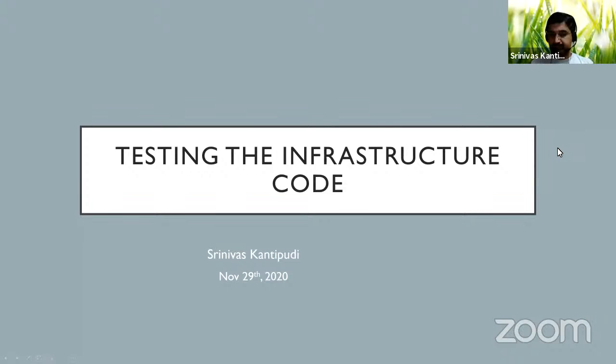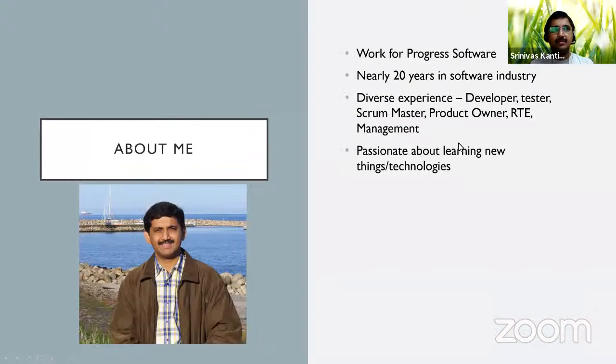Before I start, a little bit about me. I'm Srinivas Kantipudi. I work for Progress Software. I've been with Progress for 14 years now, and I have nearly 20 years of experience in the IT industry, mostly in QA. I started as a developer, but mostly I've been in the QA domain.